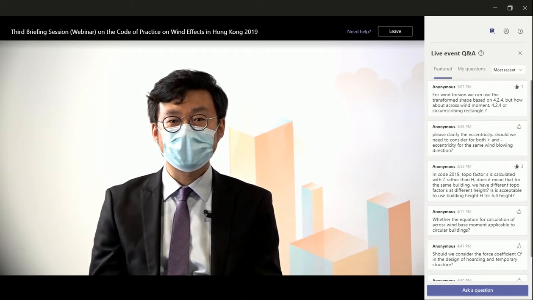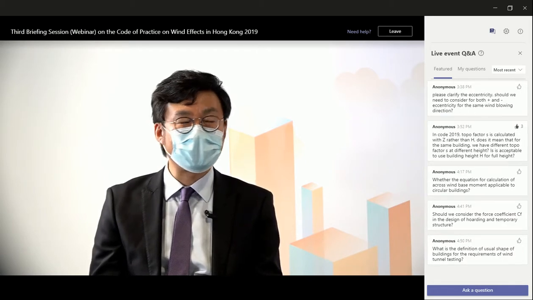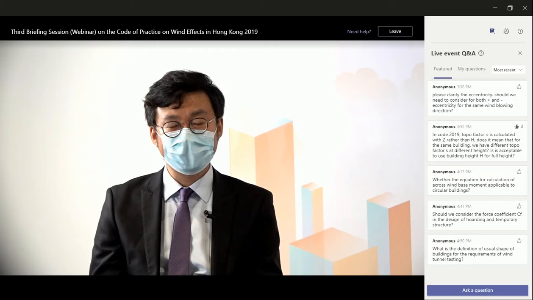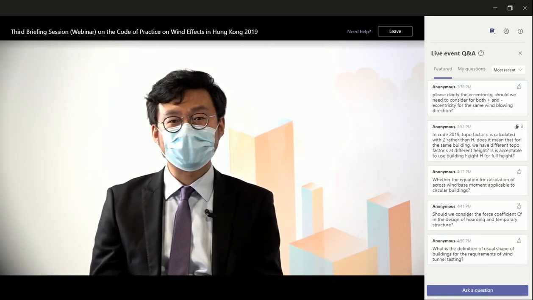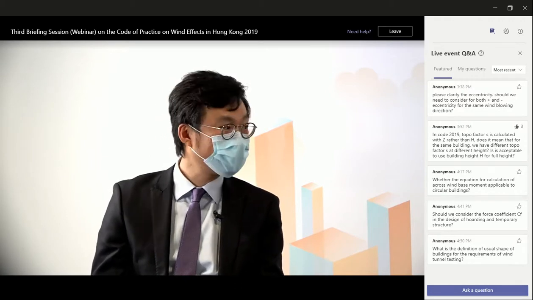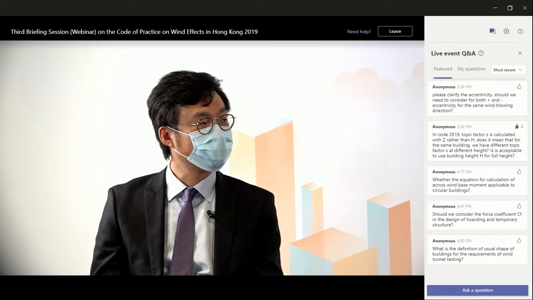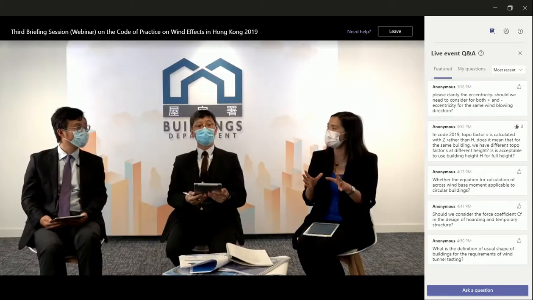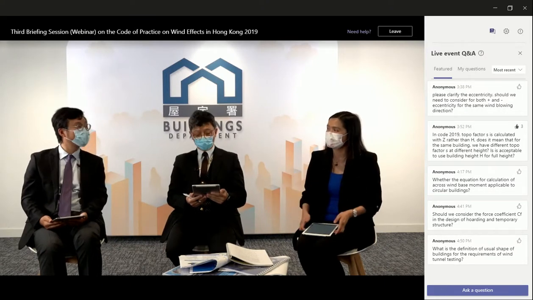For the across wind base moment calculation, we need to refer separately to chapter 2. Within that, it has already defined that for calculating the crosswind base moment, we shall use the smallest enclosing rectangle. So can I say that for some cases, the rectangle for the B and D for across wind is not the same as the B and D for the force coefficient and the torsion?